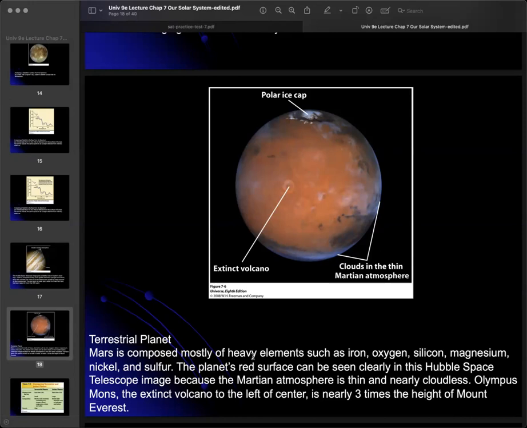So when the northern polar ice cap is facing more directly towards the sun, then it gets more heat and the carbon dioxide sublimates. Sublimation is the process in which a solid directly turns into gas, skipping the liquid phase.